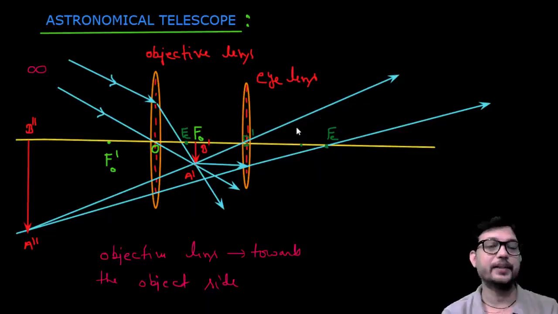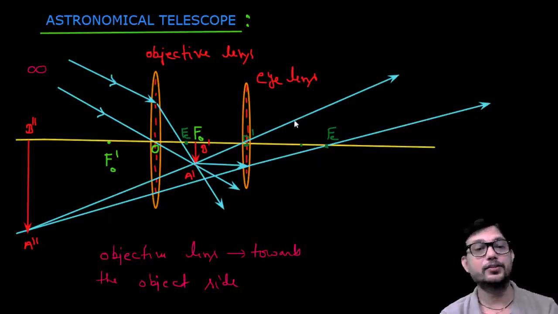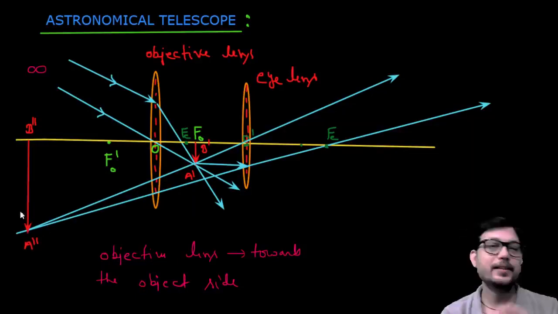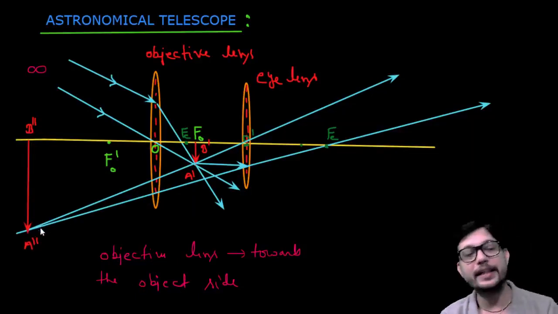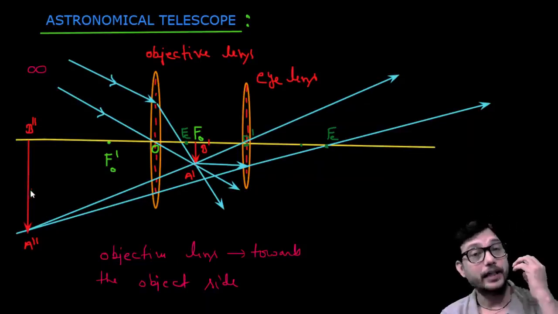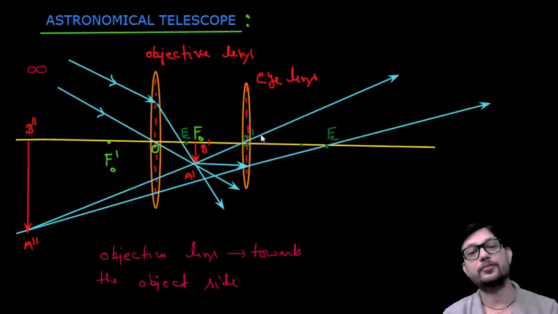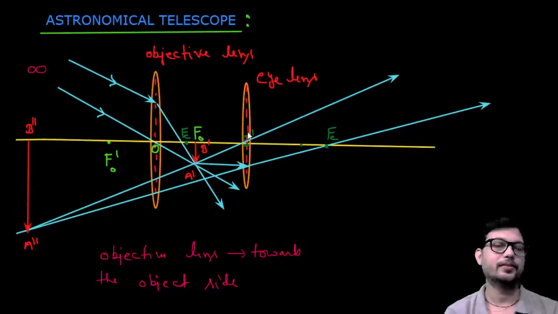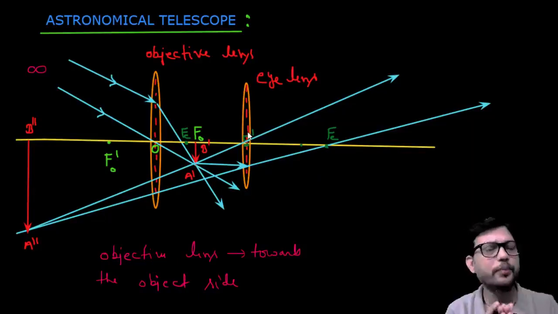And as we can see here, the separation is increasing. So when we pull these rays back, they intersect at a point, and we get the final image A double dash B double dash. So this is your final image, or the image we get from the eye lens. Okay, so I hope and believe that up to here each and everything is clear to all of you.